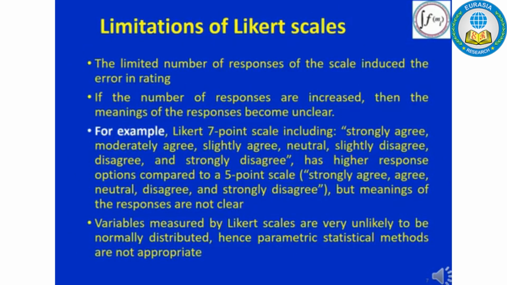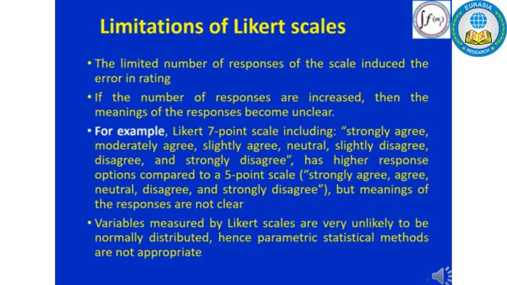The Likert scale has several limitations or weaknesses. It has a limited number of response options. A good measurement scale should have a higher number of response options, but if you consider the Likert 5-point scale, it has only 5 options: strongly disagree, disagree, neutral, agree, and strongly agree. So only a limited number of options.